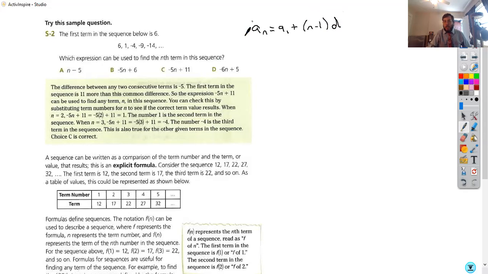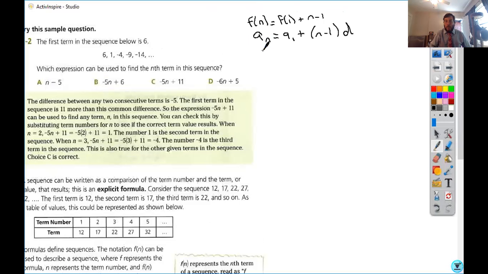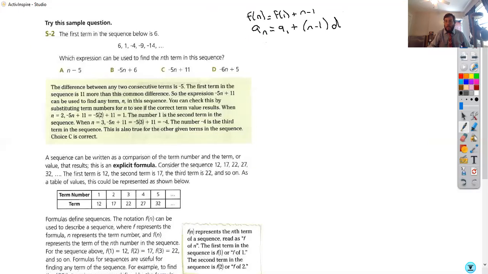Now, we can also write this with an f(n), or an f(x), equals f(1) + (n − 1) times d.